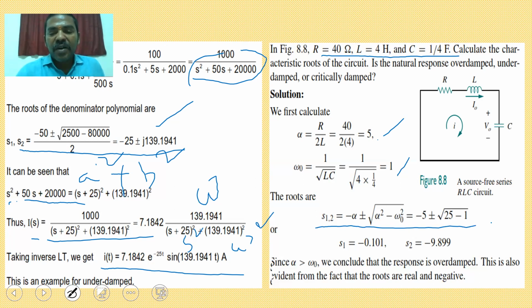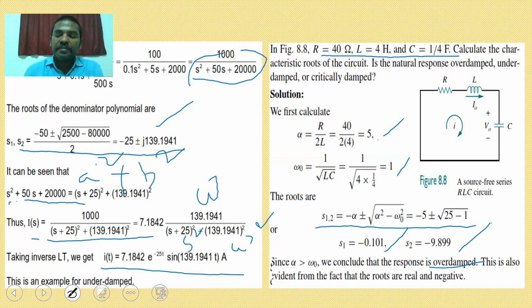Now the s1 value is −0.101 and the s2 value is −9.899. So it is two distinct roots, and that means it is an overdamped condition. They are negative and real numbers, and two distinct roots are there. So it is an overdamped condition.